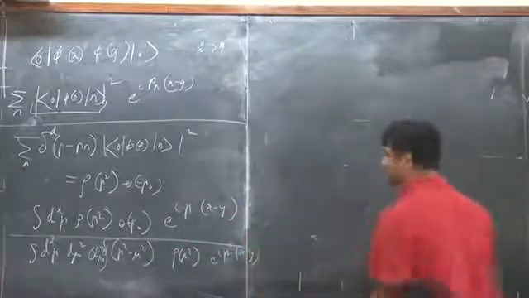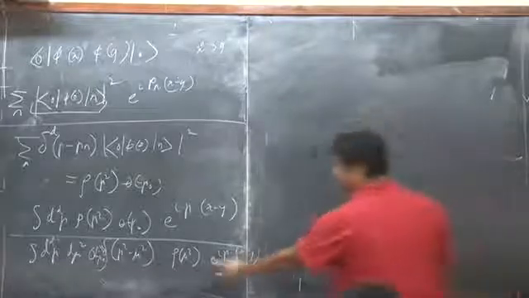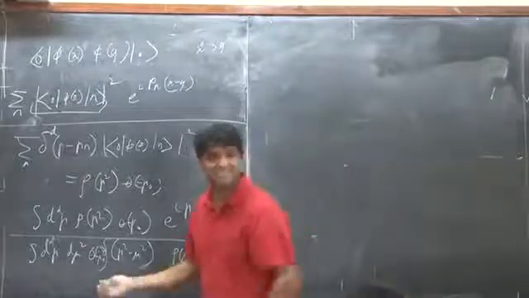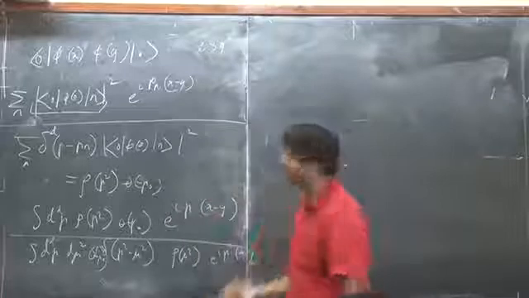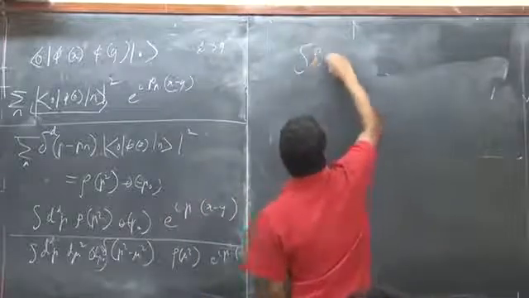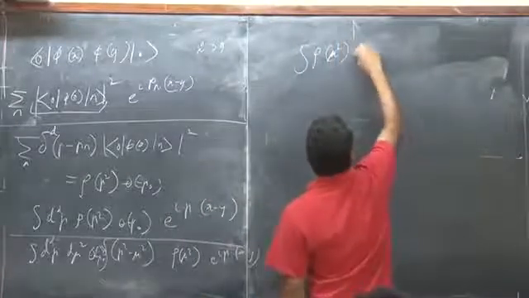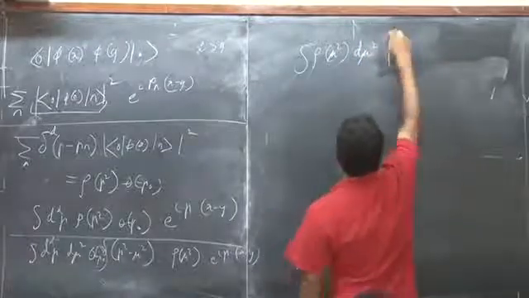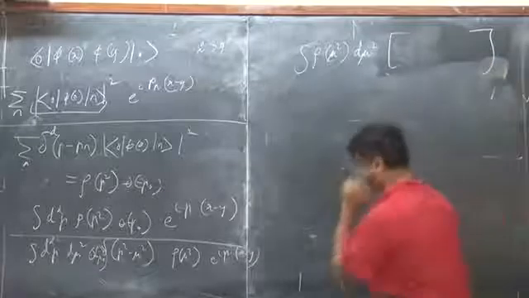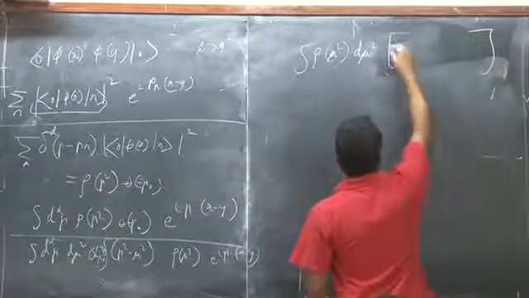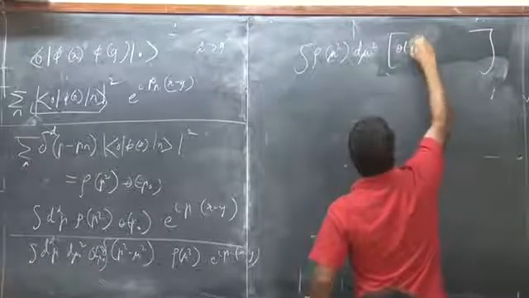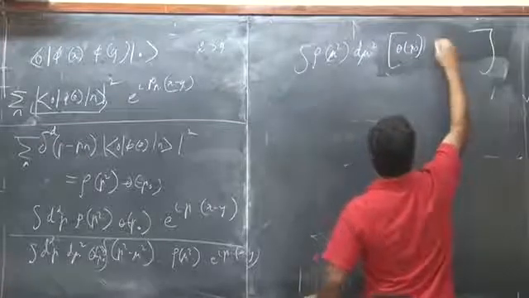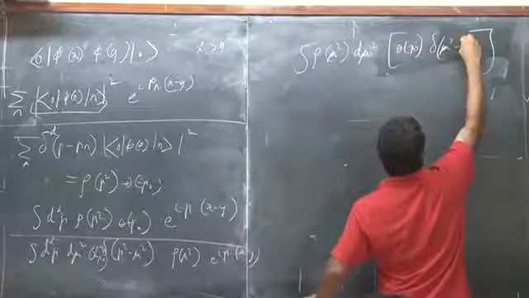Now what does this tell us? This tells us that the Fourier transform for x naught greater than 0 is what? It's the integral of rho of mu squared d mu squared times theta of p0 delta of p squared minus mu squared.